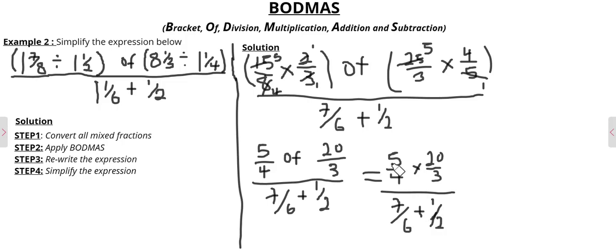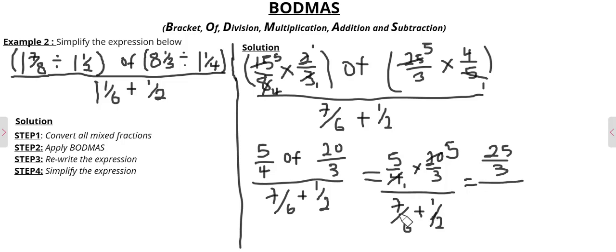Now we have 5 all over 4 and 20 over 3. So 4 can divide itself 1 and 4 here is going to give us 5, correct? So we have 5 times 5, which is going to give us 25, correct? We have 25 all over 3 times 1 is going to give us 3.